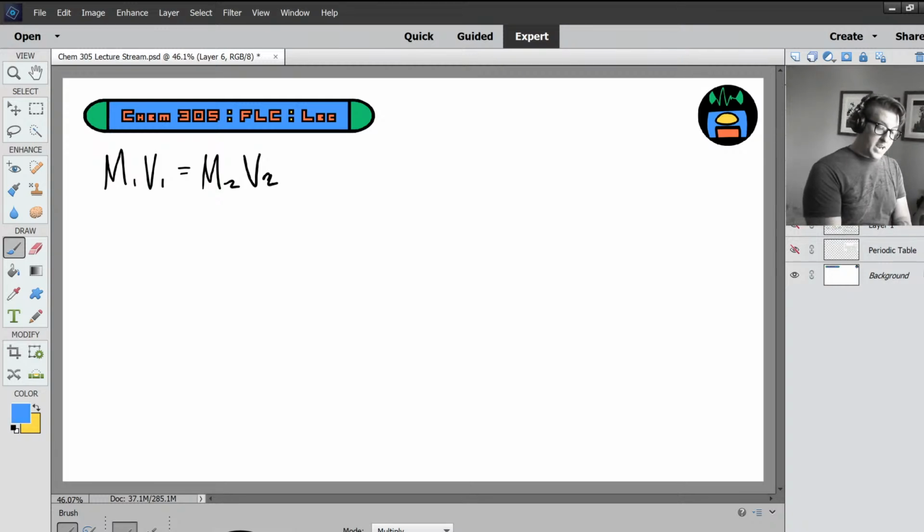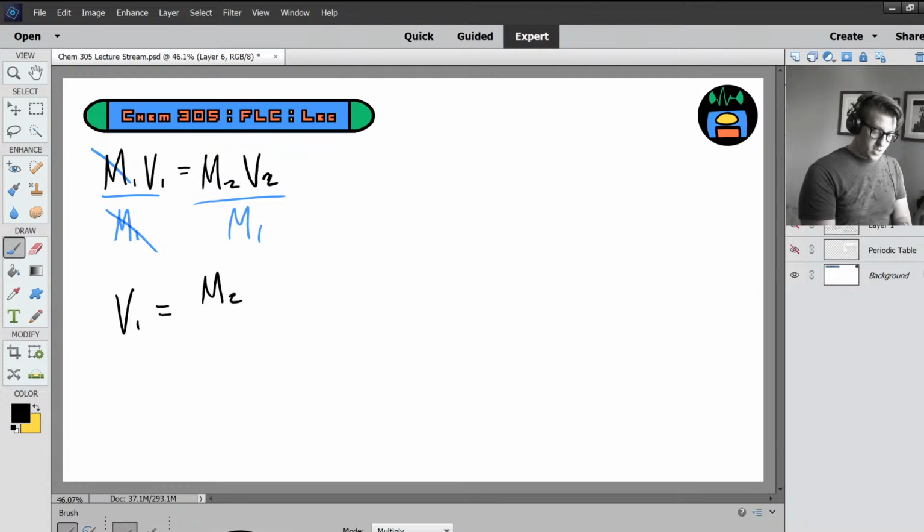All right, so we have to isolate initial volume on one side of the equation, so we divide both sides by our initial concentration. Molarity cancels, and we get initial volume is equal to final molarity times final volume over initial molarity. Now we have all these.